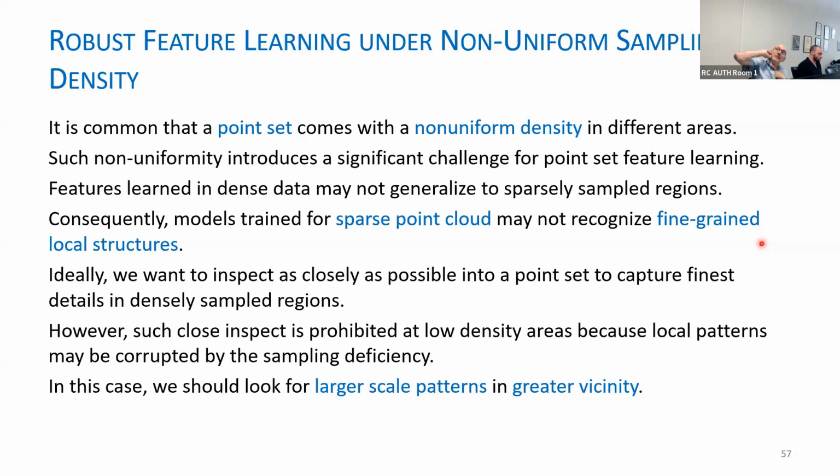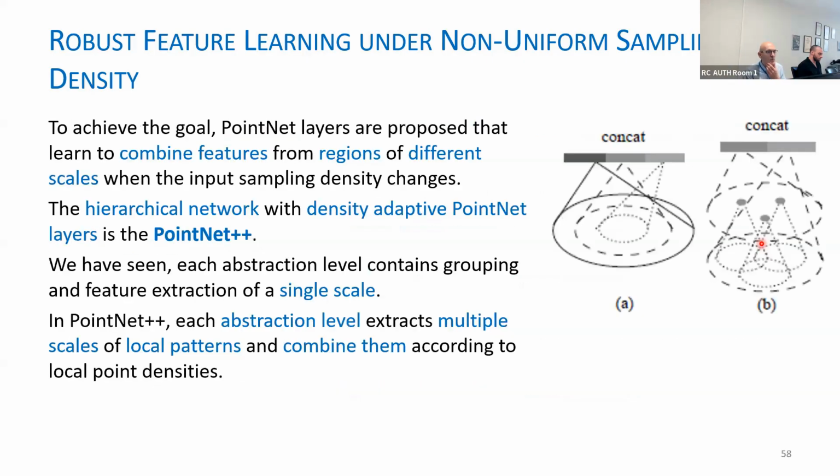Okay, so here there are some considerations about the fact that the set of points can have non-uniform density, so the density of points can be different in different areas. In addition, we would like a representation that is more or less invariant with respect to the resolution.